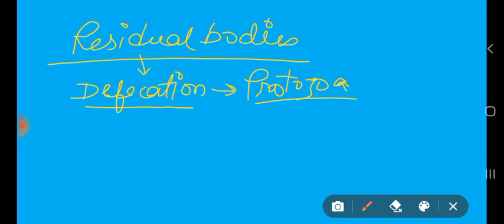But in other cells, these residual bodies will remain within the cell, and that's why they play an important role in the aging process, cell aging. So residual bodies are what?